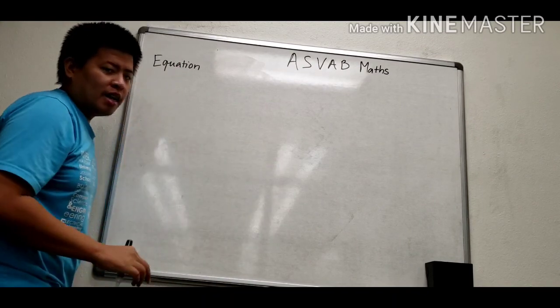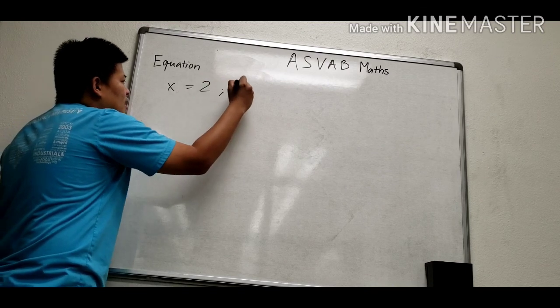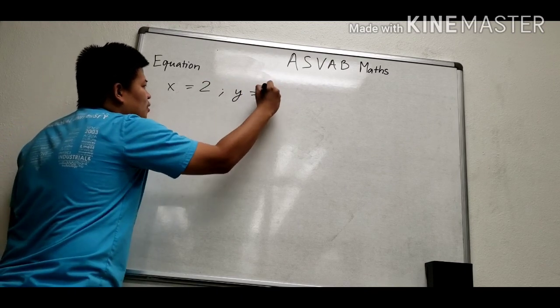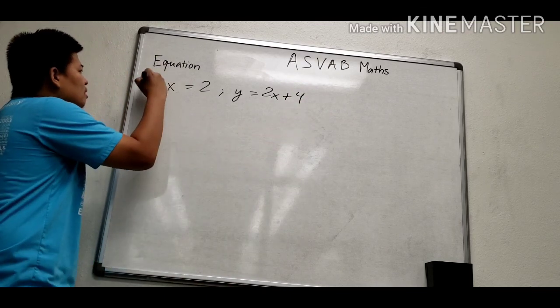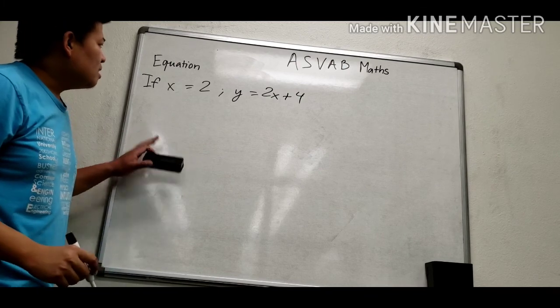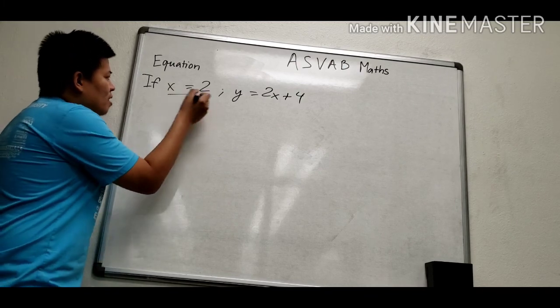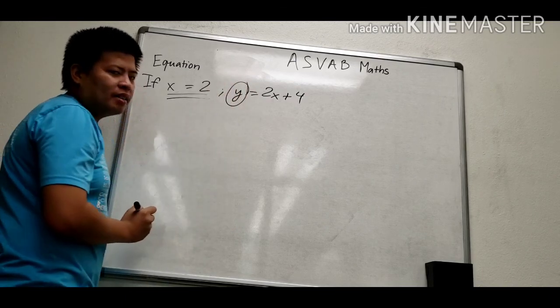The next one, they ask: if s equals 2, then y equals 2s plus 4. In a question like this in the ASVAB, they provide the information and ask you to calculate y.